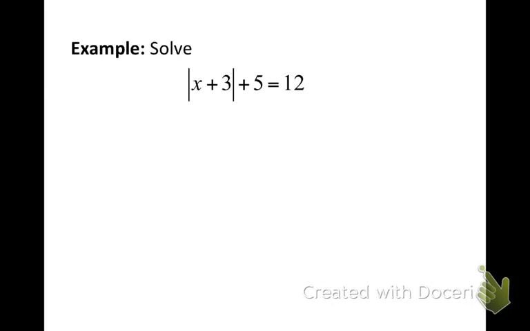You can't have anything being added or subtracted behind it, which in this case you do. So before I can split it, I need to subtract the 5 first, which gets me the absolute value of x plus 3 is equal to 7.